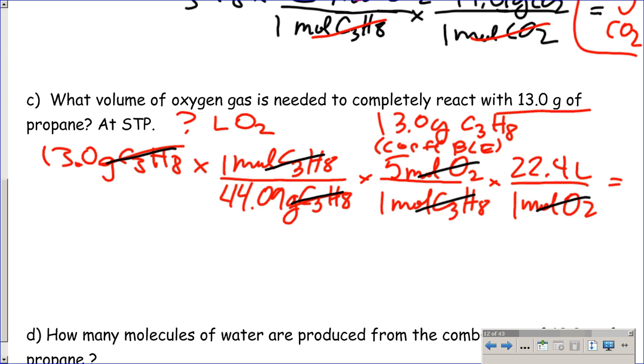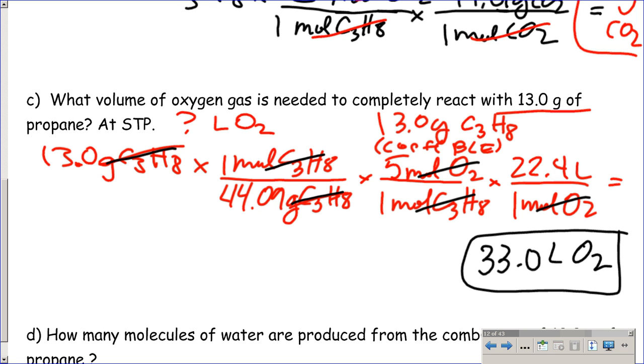Double check your units and everything, and you should get liters of oxygen. Tell me what you got. 33.0, but I'll go with 33.1. Whatever works for you, as long as you got 3 sig figs, because I had 3 sig figs in my original. These are ratios, they don't matter. That's a constant. So 3 sig figs wins.